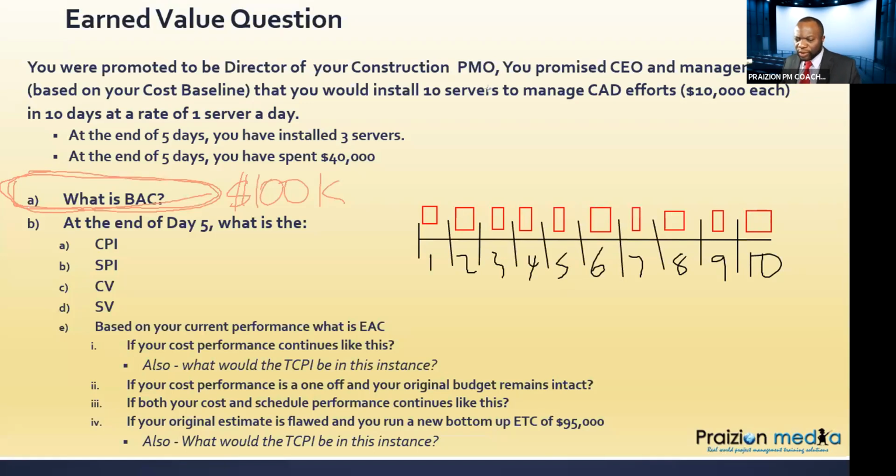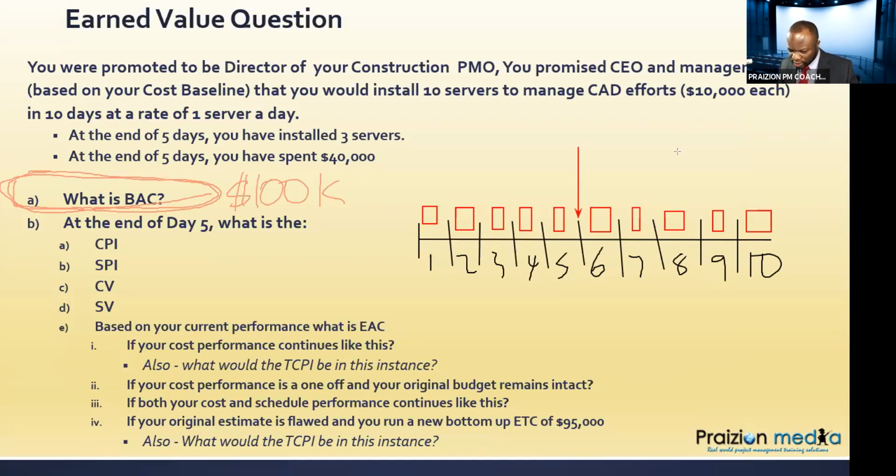Okay. So at the end of day 5, you want to ask yourself, okay, at the end of day 5, how many should I have installed? If you promised management that you were going to do 1 a day, at the end of day 5, how many should you have done? Thank you.